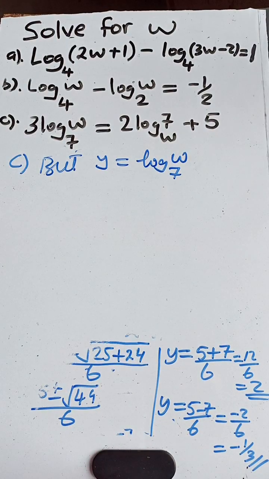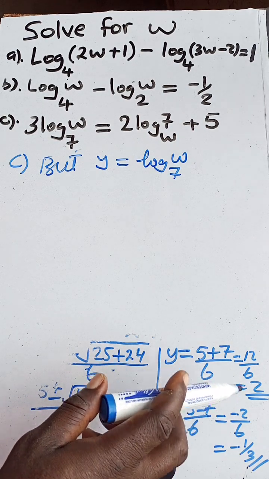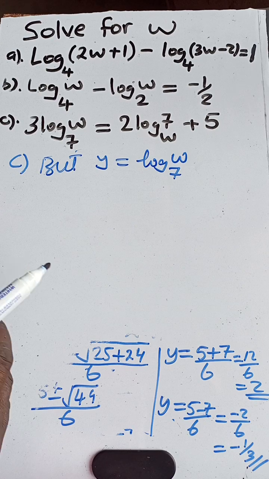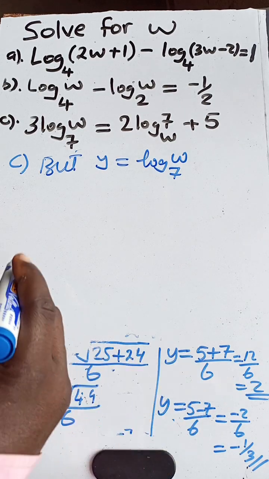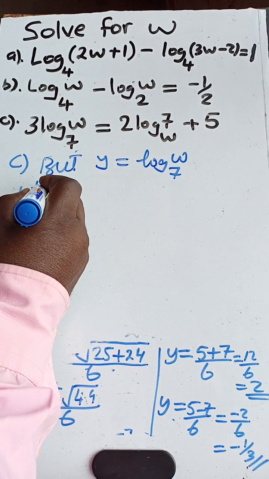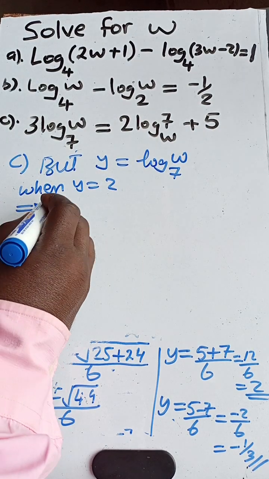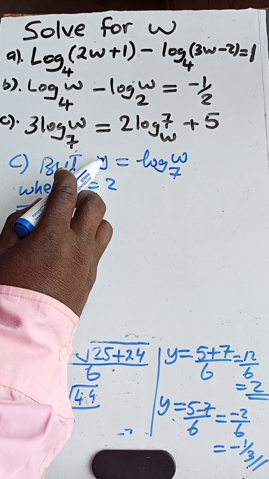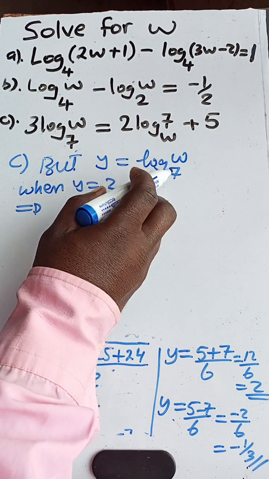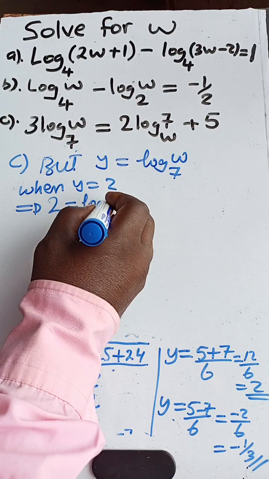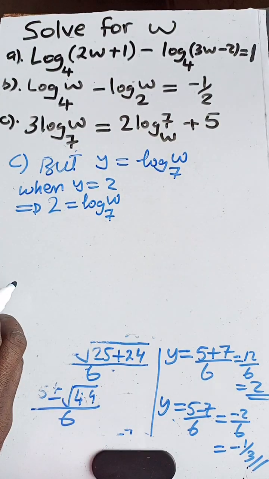This is the relation between Y and W. We're going to put in the values of Y in turn, and then we'll be able to work out the value of W. So when Y is 2, that means we're going to put 2 here. We have 2 is equal to log W base 7.